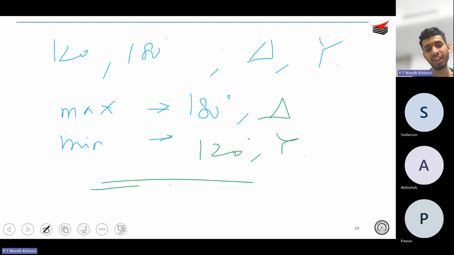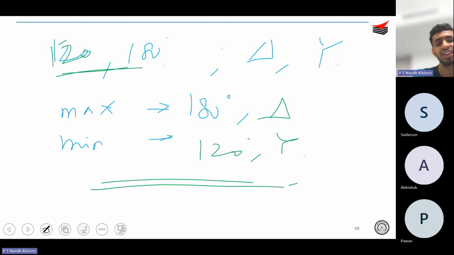Just after seeing all of these problems, we are able to comment something like this. Correct? If you do the math for all of these, you will see this being satisfied for the 4 cases, 120 degree and 180 degree conduction and delta or star connection. You will see that you can harness maximum power with this.